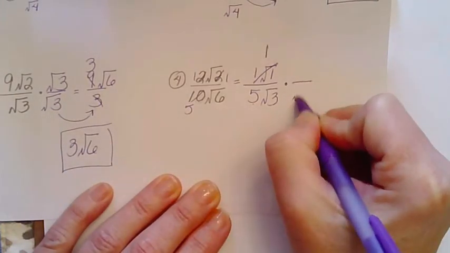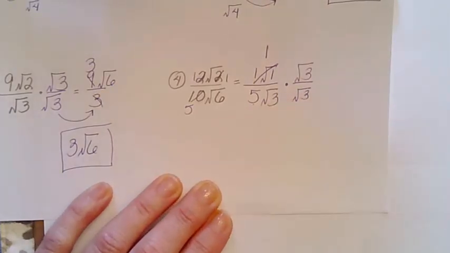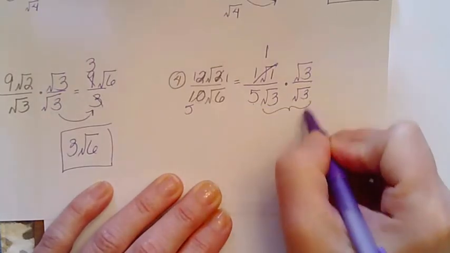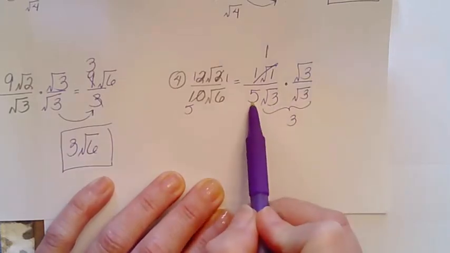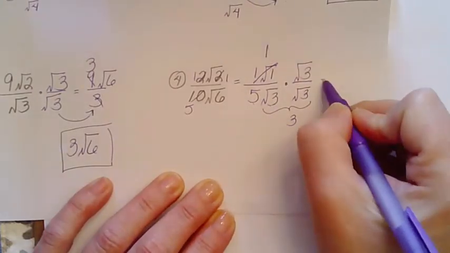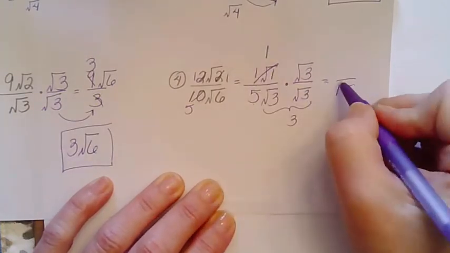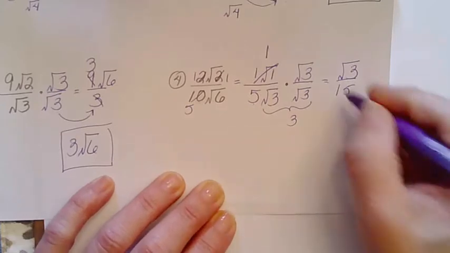So here, just multiply top and bottom by the radical 3. When we multiply across the bottom, remember this turns into a 3, but you have a 5 sitting here. 5 times 3, 15. Multiply across the top. 1 times anything is that anything, so it's radical 3 over 15.